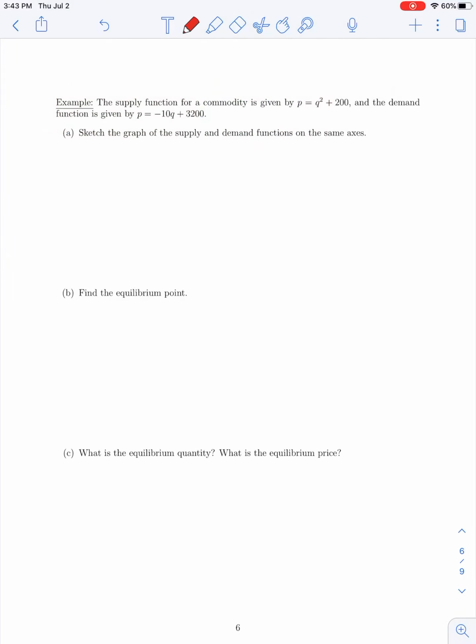So in this example, we are told that we have a supply function for some commodity, which is given by p equals q squared plus 200. Or, since this is a supply function, we might write this as s of q is equal to q squared plus 200.